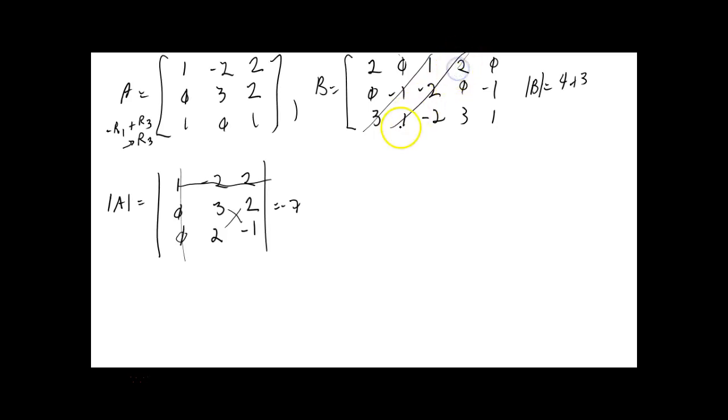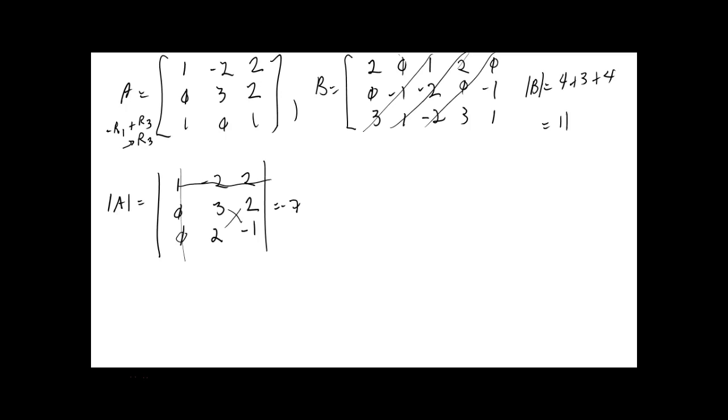No, this is, what will that be? 4. Another 4. Plus 4. And how about the last one? 0. So this gives us 11. The determinant of B is 11.